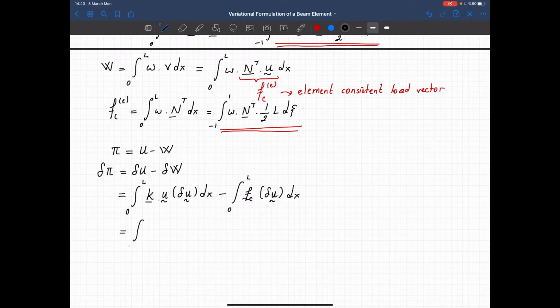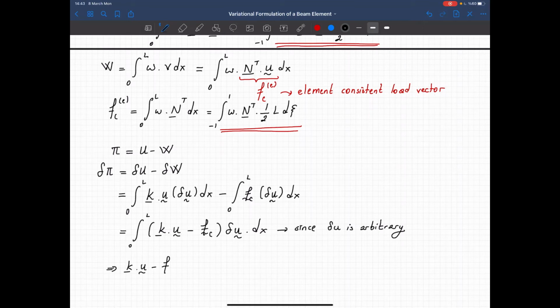And that will be equal to, from 0 to L, K times U minus the consistent load vector, times the variation in displacement dx. And since the variation in U is arbitrary, it's non-zero, we can say that K times U minus the consistent load vector is equal to 0, and that's our equilibrium equation.